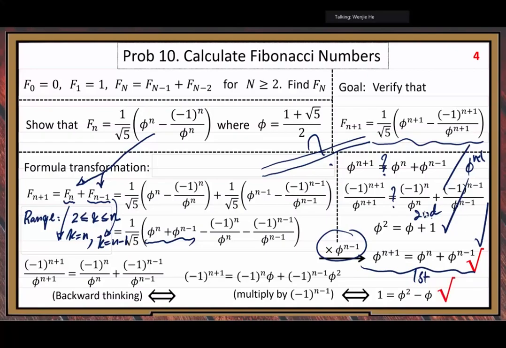Then we do backward deduction if this equality is correct. Now we can go forward. Because you multiply both sides, this is correct. Then we can go forward another step, common denominator, so that is correct.